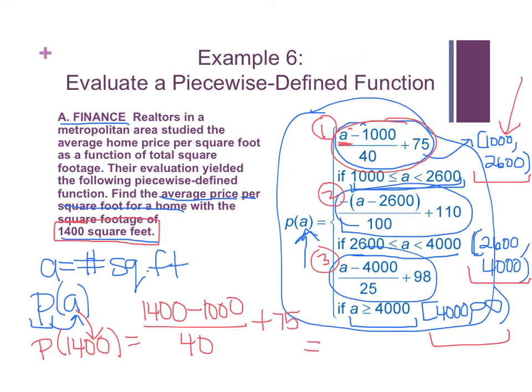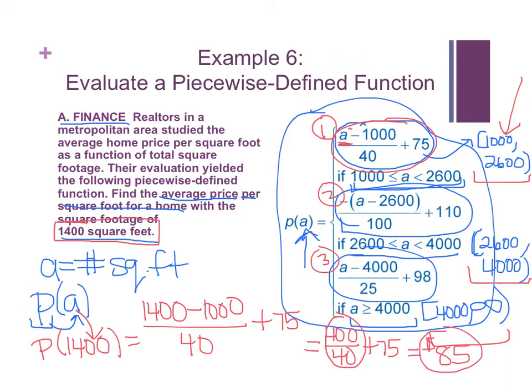And 1,400 minus 1,000 gives me 400. So I get 400 divided by 40 plus 75, which, if I take 400 divided by 40, that's 10. 10 plus 75 is 85.